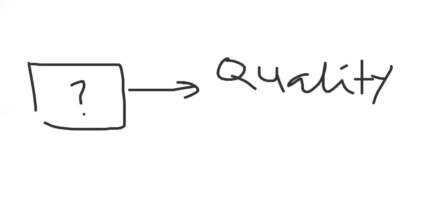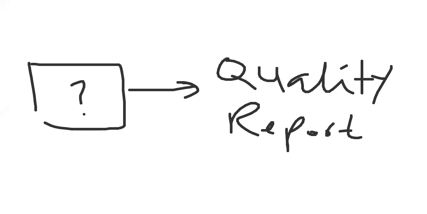The next output, quality report. Can you tell me quality report is an output of which process? 5, 4, 3, 2, and 1. All right. The answer to this one, my friends, is from executing.